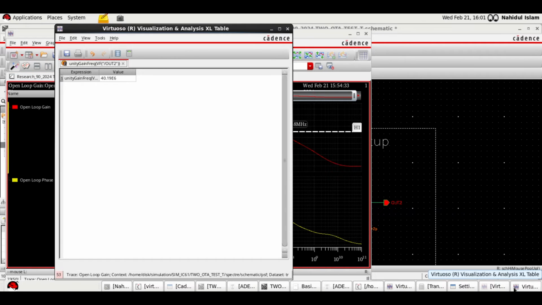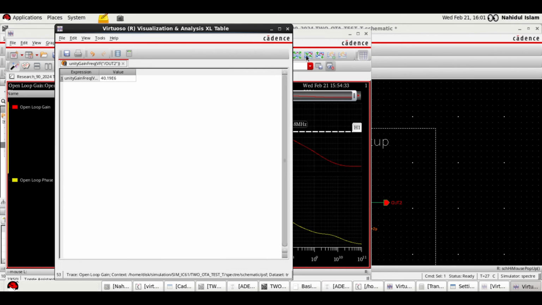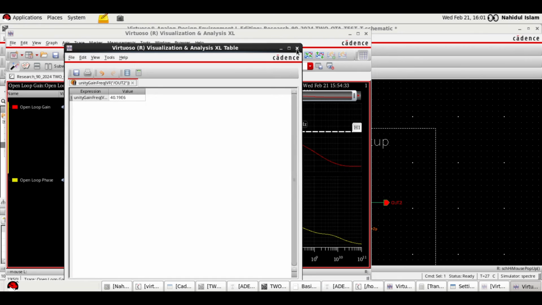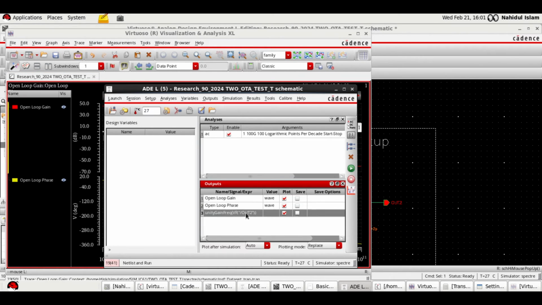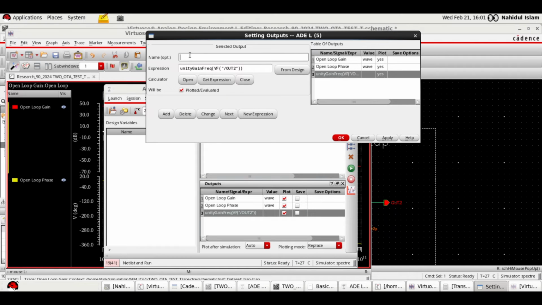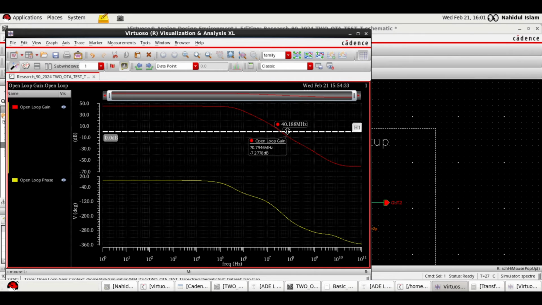Here is the calculator. Yeah, send it to the buffer. This 40 megahertz is also called the transition frequency.